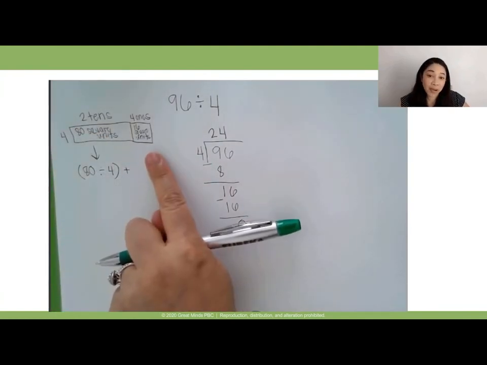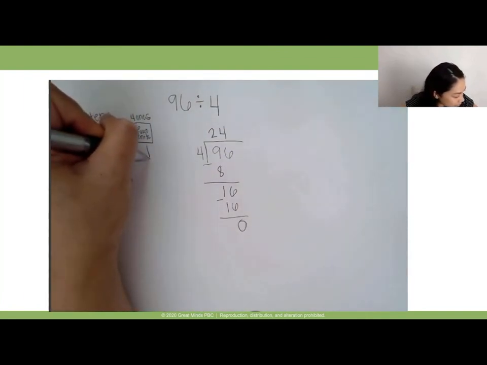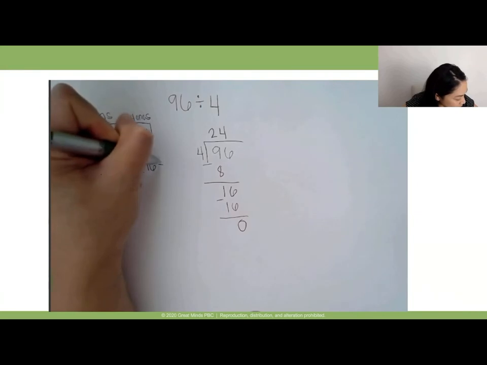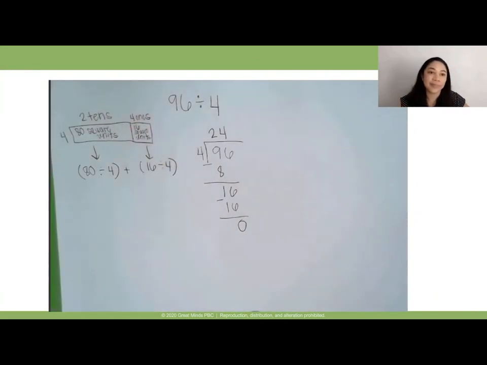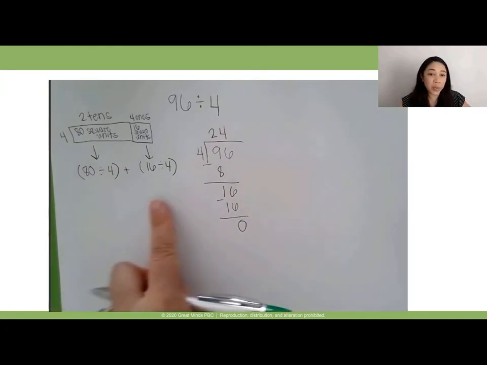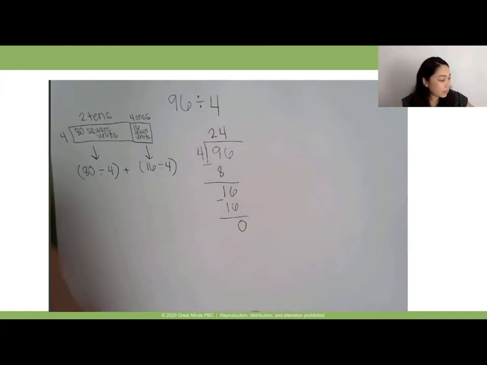And this other part? 16 divided by 4. Go ahead, and if you haven't done yet, write this equation on your paper, and then go ahead and solve.